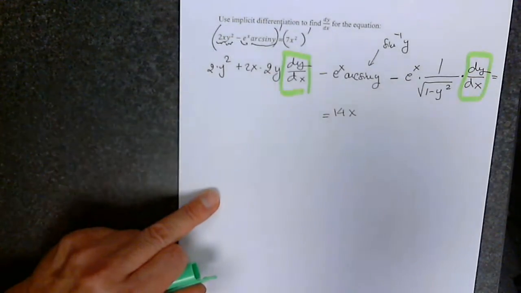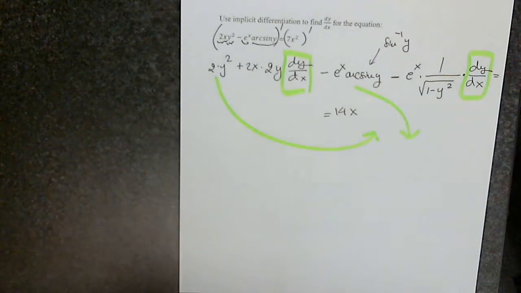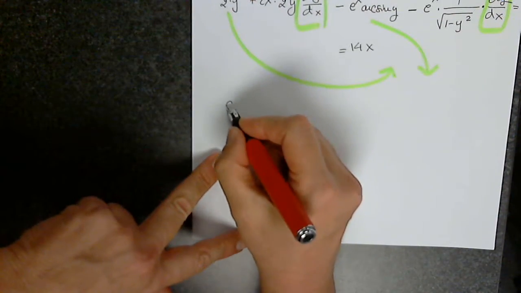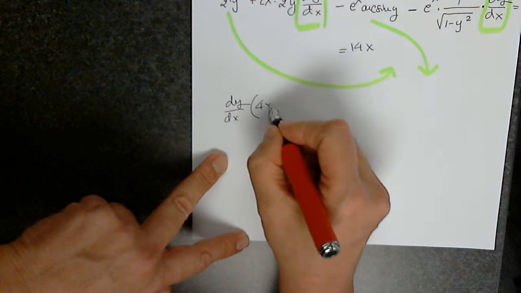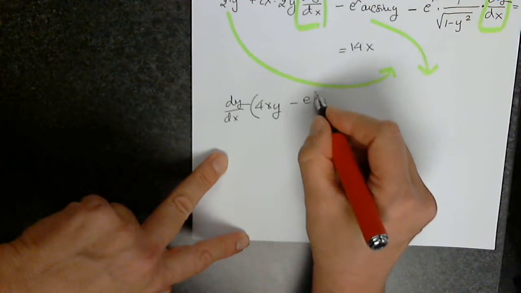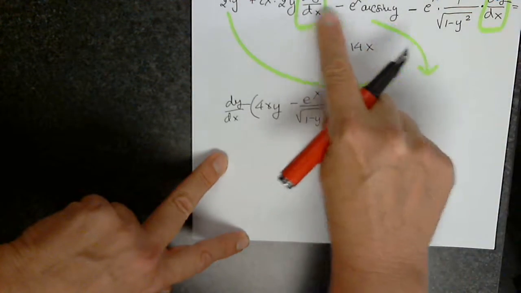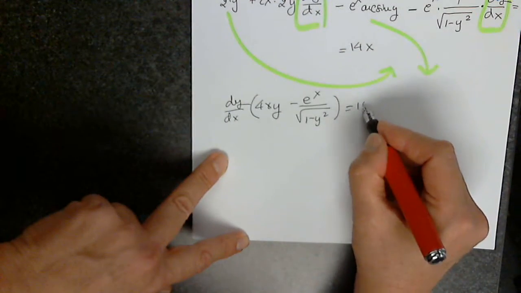They will stay where they are, but this will move and this will move to the other side. So I will factor out dy over dx. In parentheses, I have 4xy minus e to the x over the square root of 1 minus y squared, and these are these two terms. They are accounted for now, equals 14x.